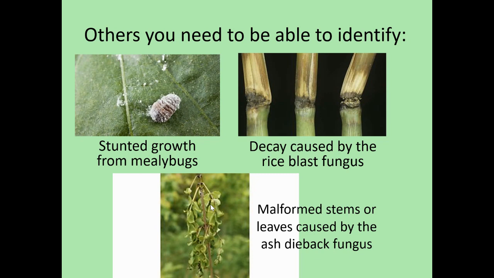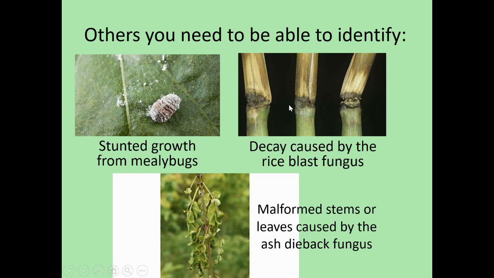There are a small selection of other diseases that you need to be able to identify. You don't need to know them in the same detail as tobacco mosaic virus, rose black spot, or the aphids, but you do need to be able to recognize these. So, given the symptoms, you might be able to say what they are. Mealybugs, which is again a bug that lives on and damages a plant, cause stunted growth.